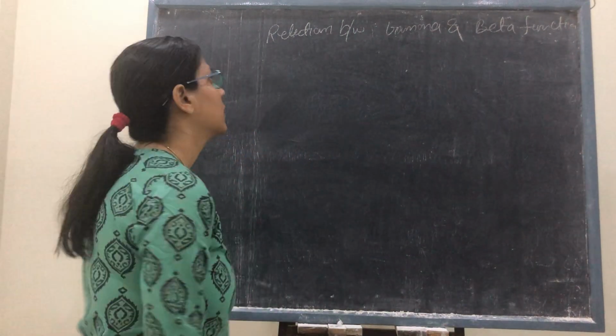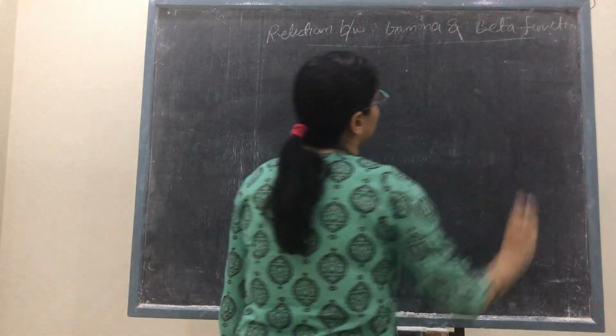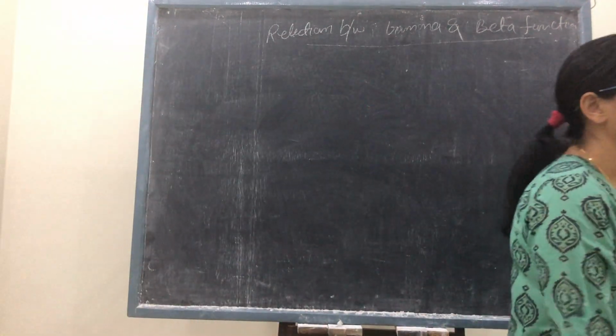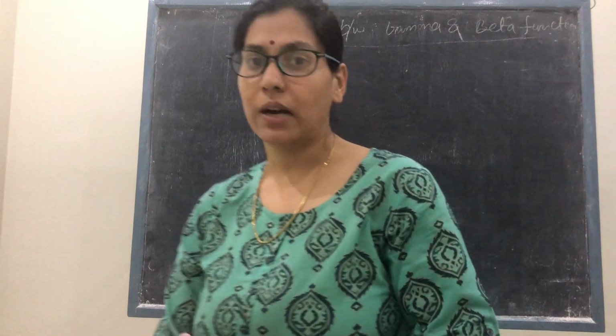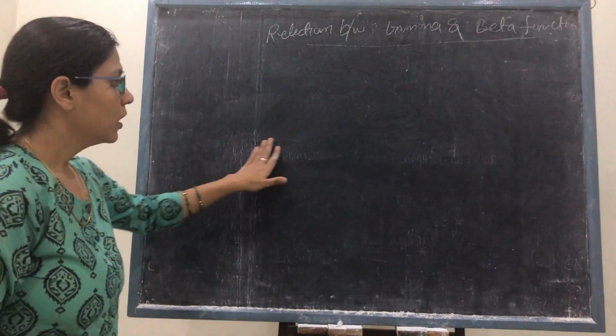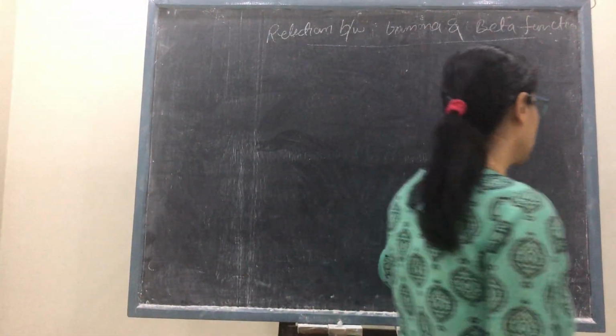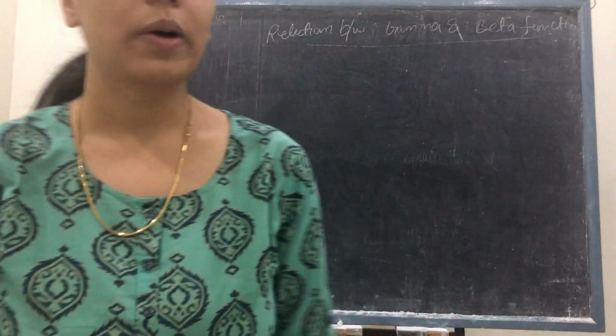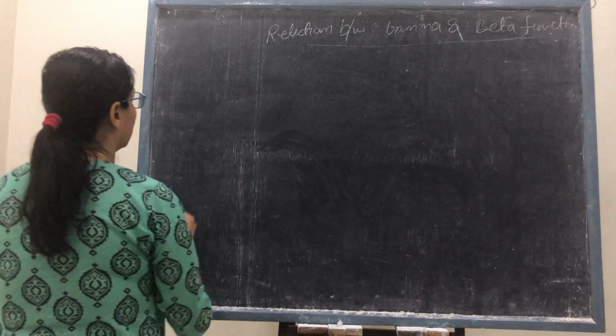Now we are going to study the relation between gamma and beta function, because we have studied the beta function, and we have also studied the gamma function. Now there is a relation between beta and gamma function which gives the numerical solution of the problem.